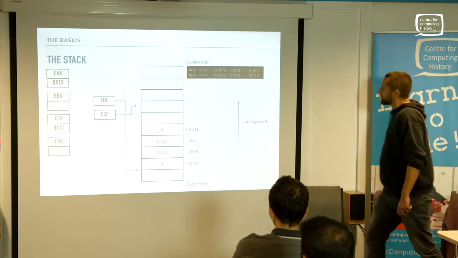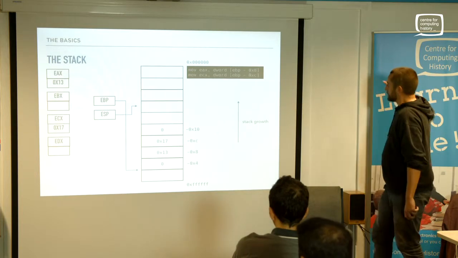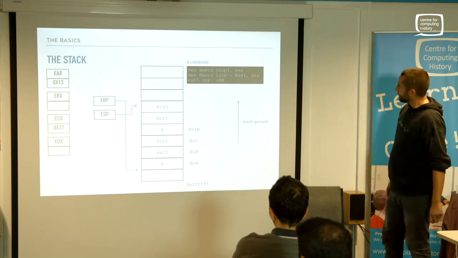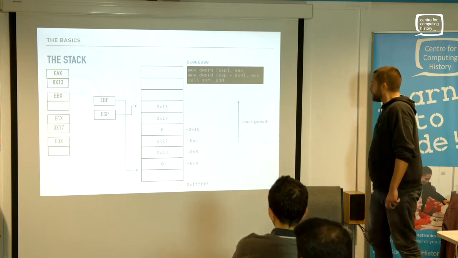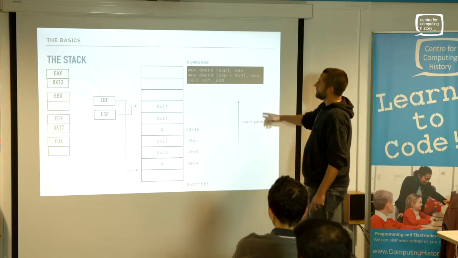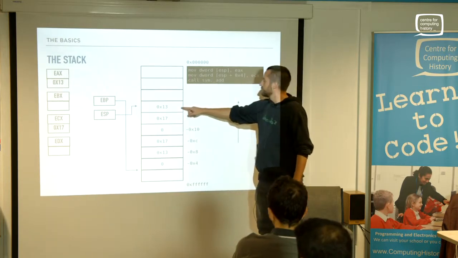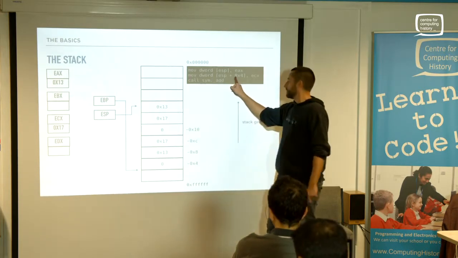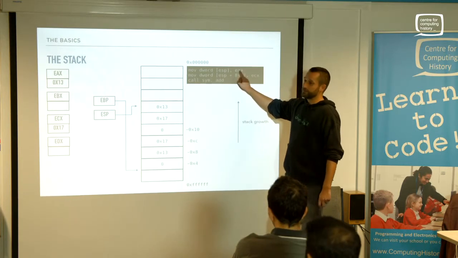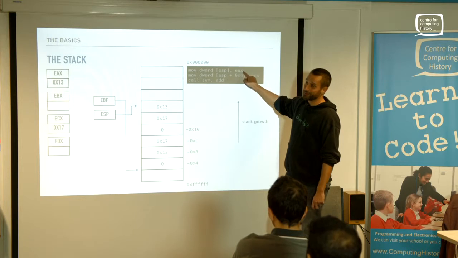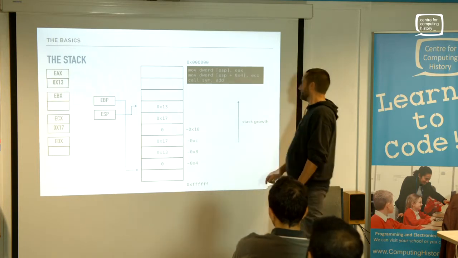Then we're going to move those values into EAX and ECX. So these are the numbers we're adding together. Then we're going to move EAX onto the stack at the top, and we're going to move ECX just below it, +4. This is, if you haven't guessed, essentially a push op, but compiled as a move op.